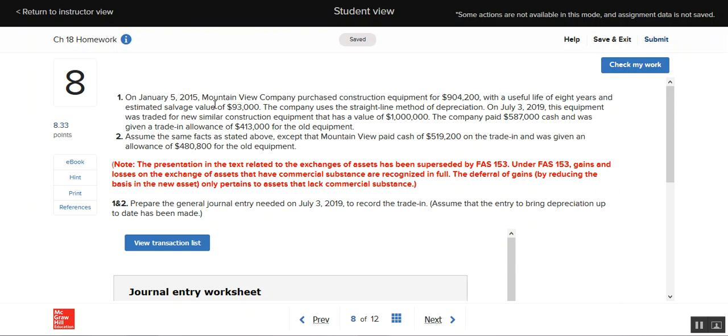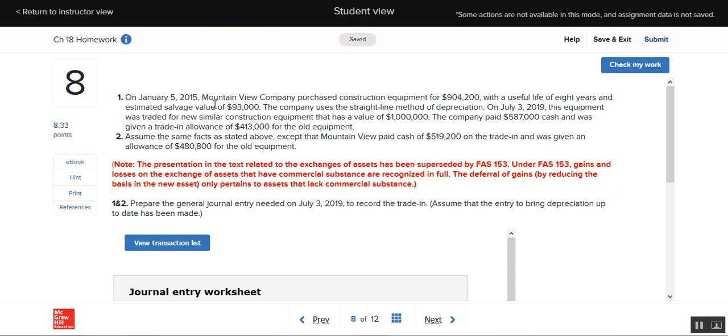So they use straight line depreciation, so we're going to take the $904,200, which is what they paid for it, and we're going to subtract from that the salvage value. So we've got a depreciable amount of $811,200. And we're going to divide that by 8 years.